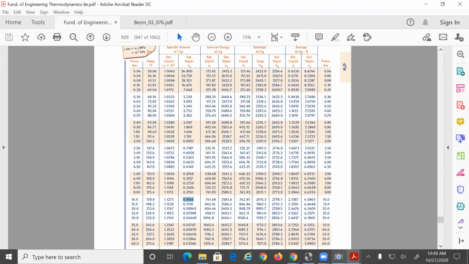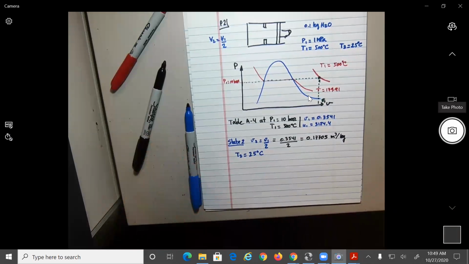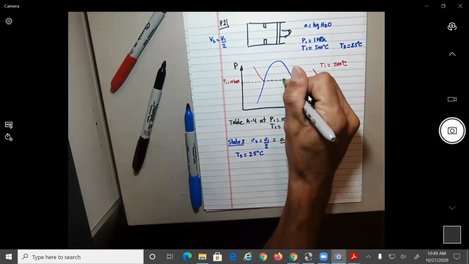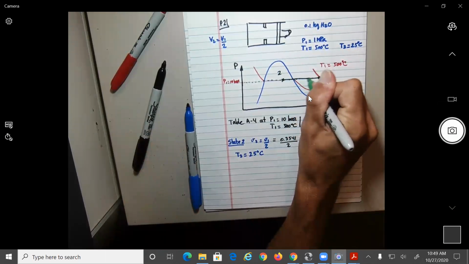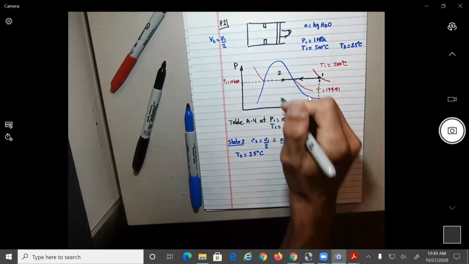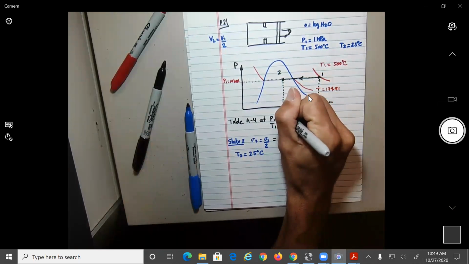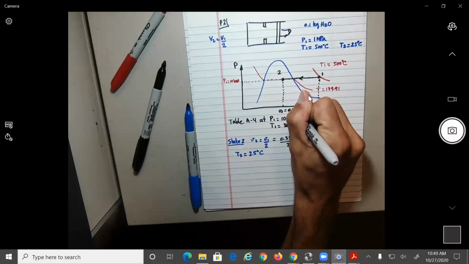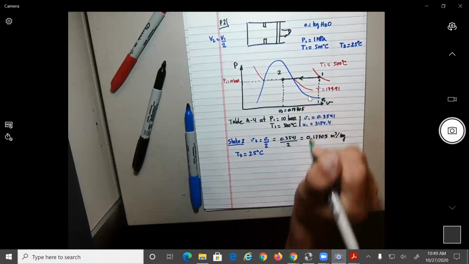So that means that we go from 1 over here to 2, somewhere over here. And we know that V2 is equal to 0.17705.